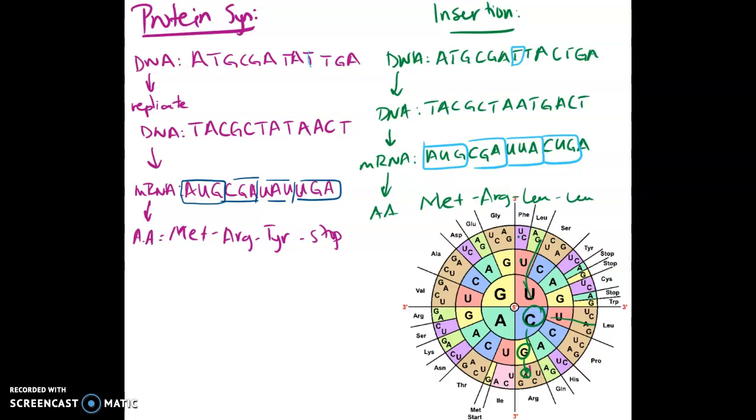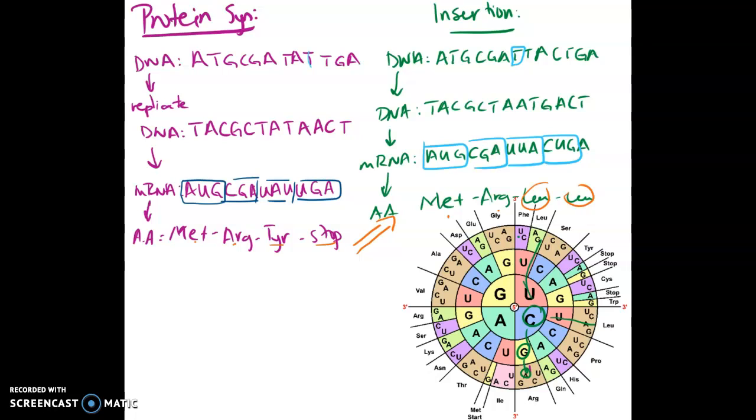So if you compare the original to the new strand, we still have our MET, we still have our ARG, but instead of a tyrosine and a stop, we have two leucines. So because this protein change, or the amino acid sequence is changed, that changes the protein, which changes the trait.